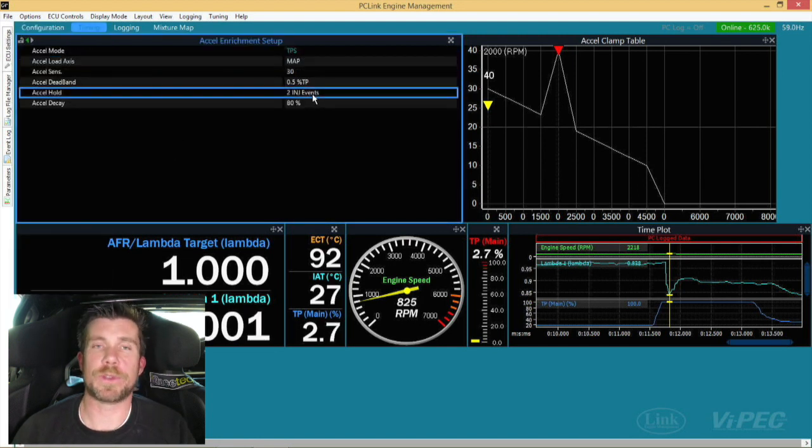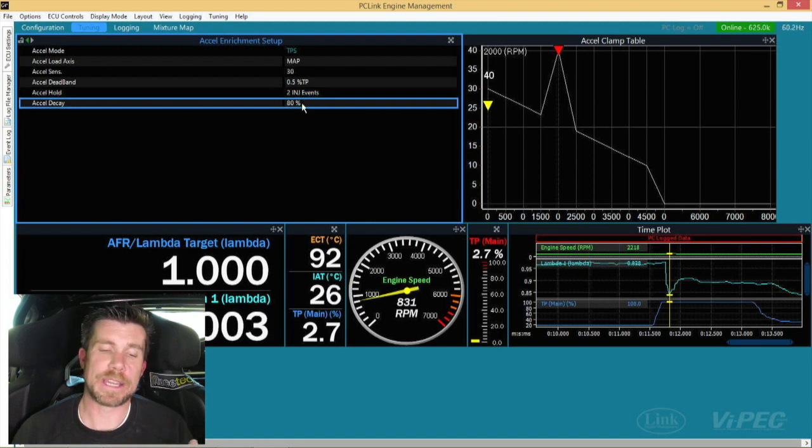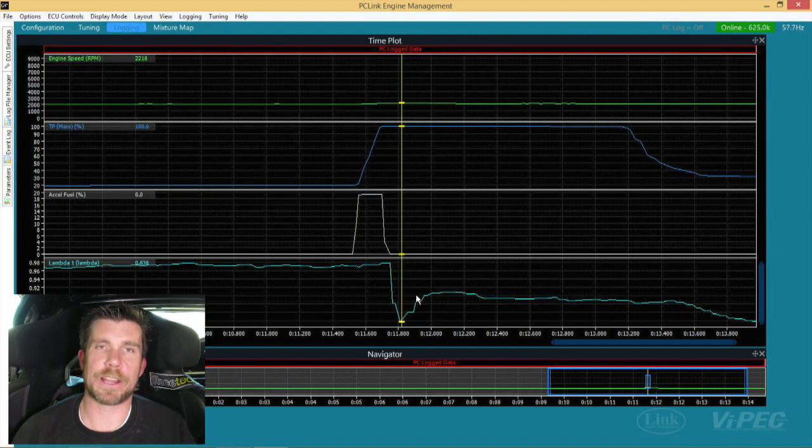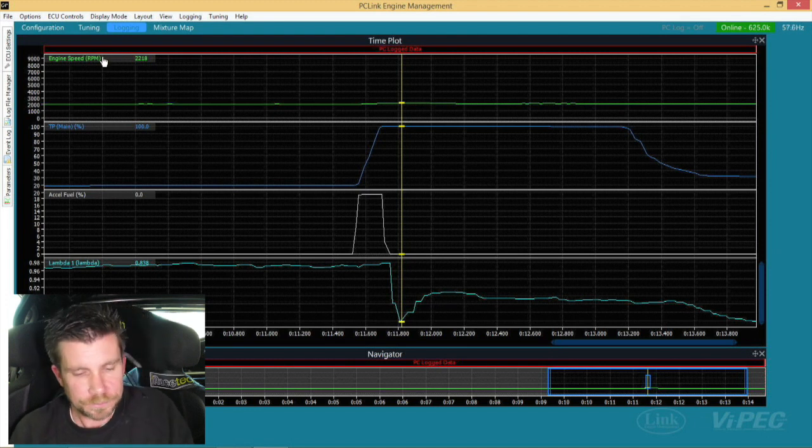So we can adjust these parameters here. If we made the acceleration enrichment decay quicker, that will tend to reduce the effect of this rich area. Conversely, the other thing we're going to see is this little area here where it starts to stabilize. It's gone a little bit lean. That's probably going to get a little bit worse.